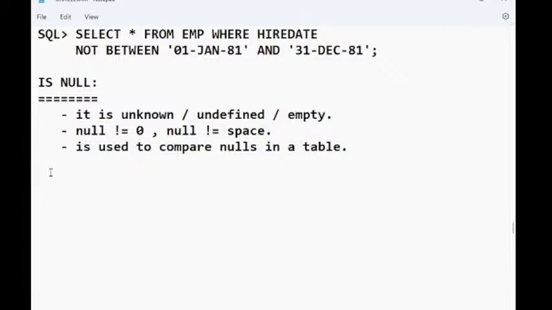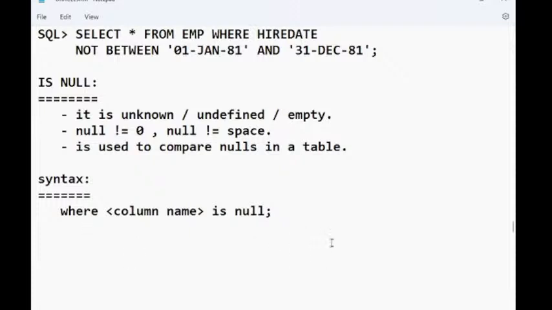Now come out and see the syntax for this: WHERE, then your column name, and IS NULL. Now let's take some examples on this.